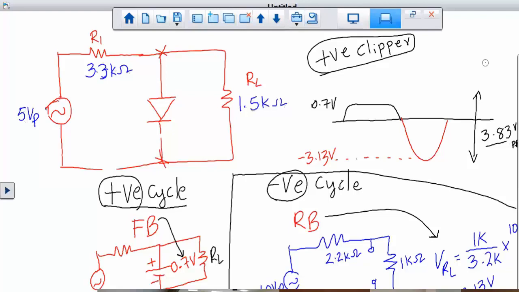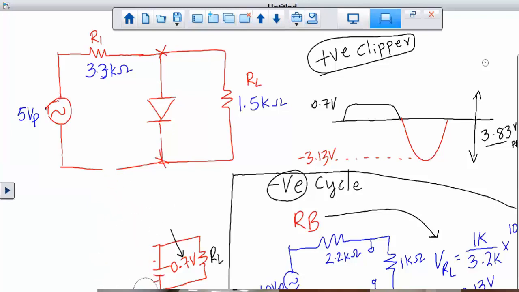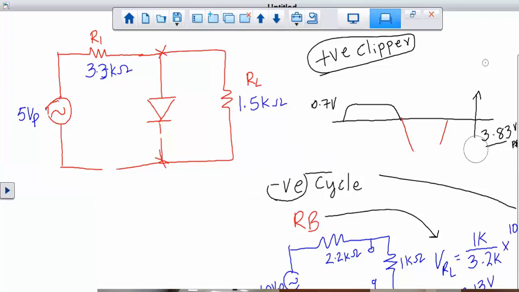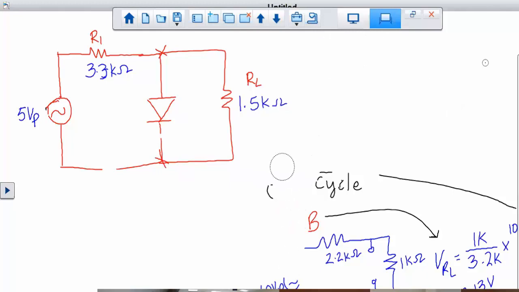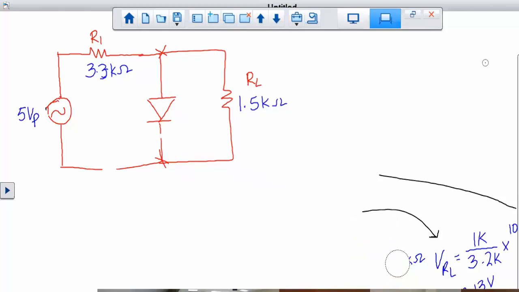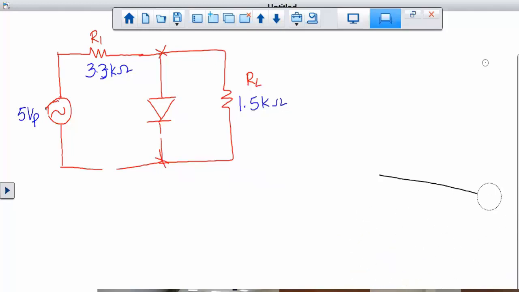The problem usually asks, draw the output waveform on the load resistor. That's usually how the problem is asking, draw the waveform across the load. It's the same circuit, so that's the given orientation.